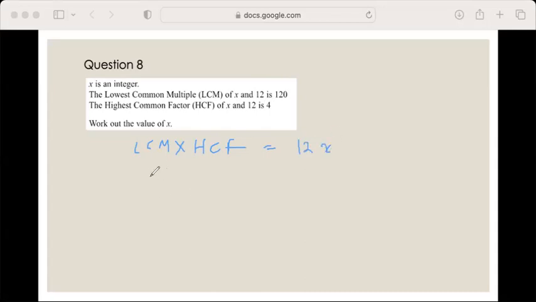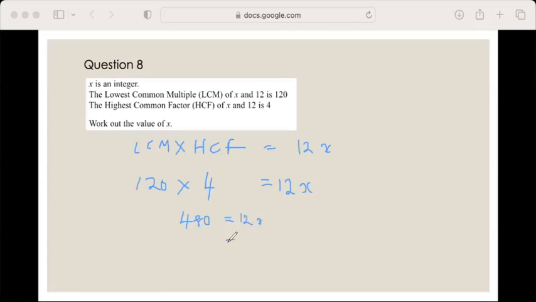So LCM is 120. So 120 times HCF is 4, which is equal to 12 times x, or 12x. So 120 times 4 is 480 is equal to 12x.